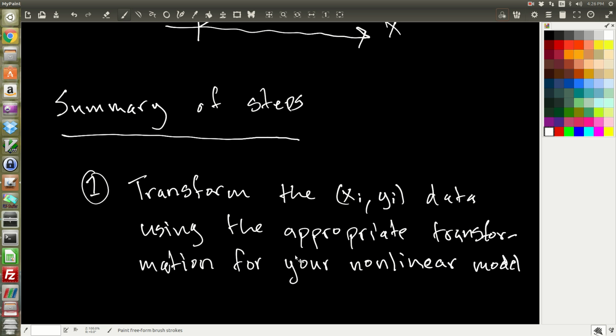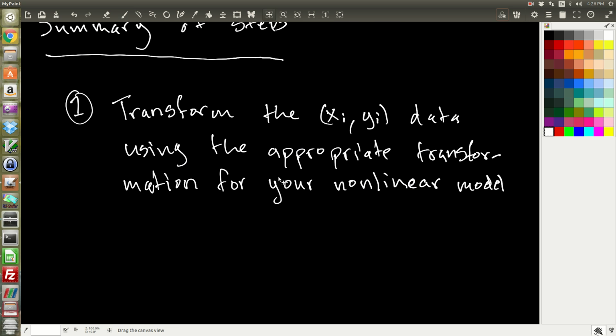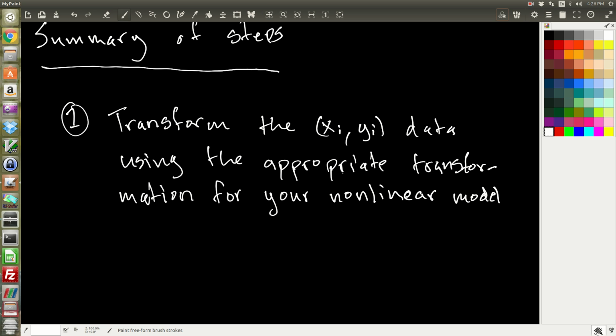So for power law, you'd use the natural logs that we talked about, and I'll put up a table here that shows a list of all the forms. But the second step is once you've transformed the data, then you want to do linear regression.